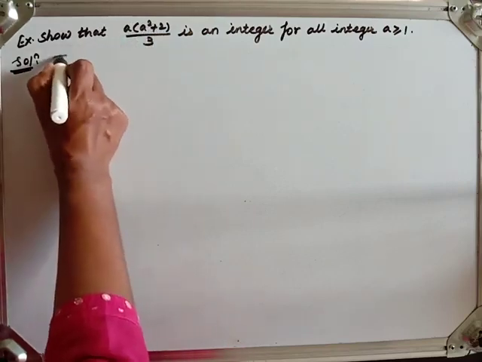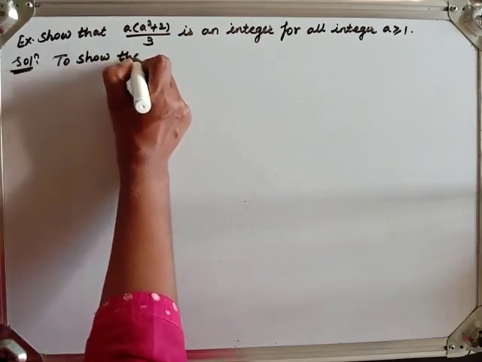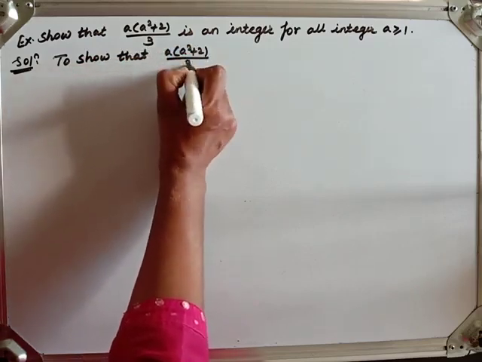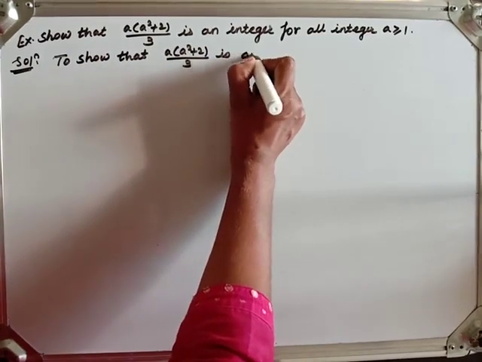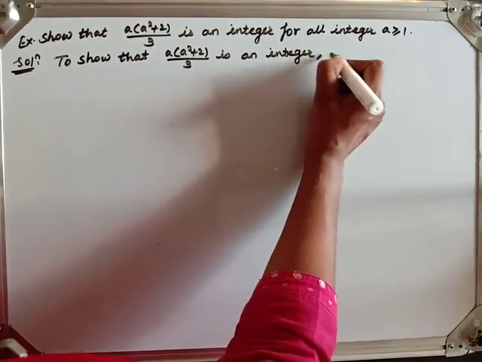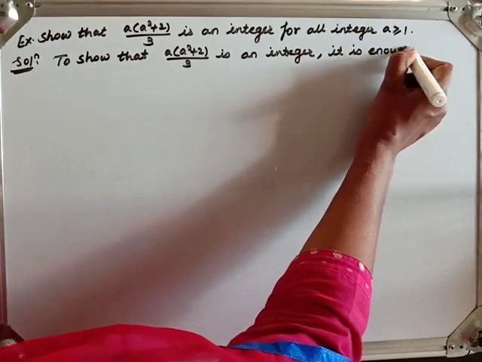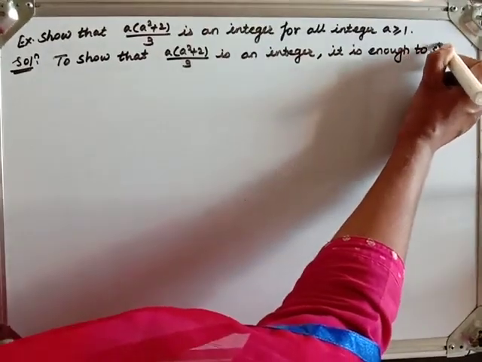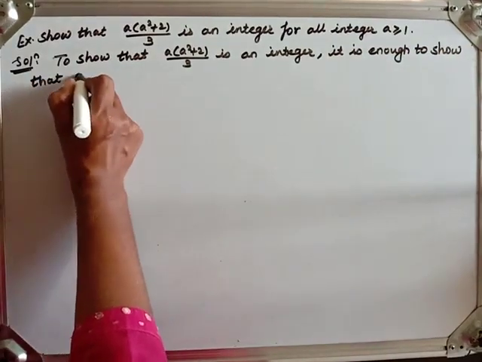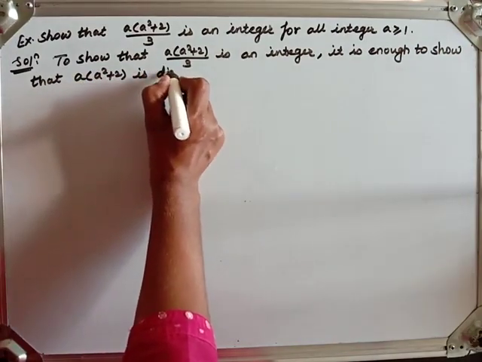So to show that a into a square plus 2 upon 3 is an integer, it is enough to show that a into a square plus 2 is divisible by 3.